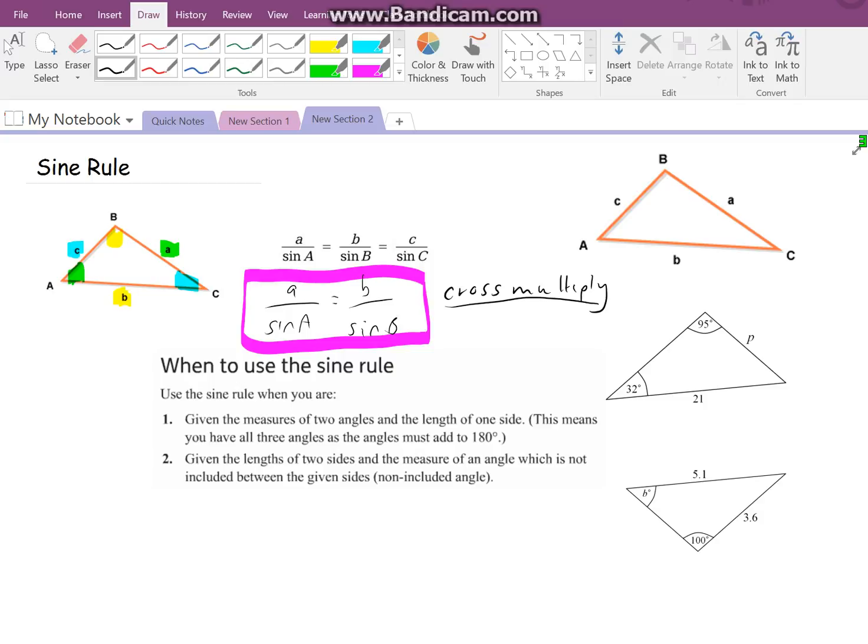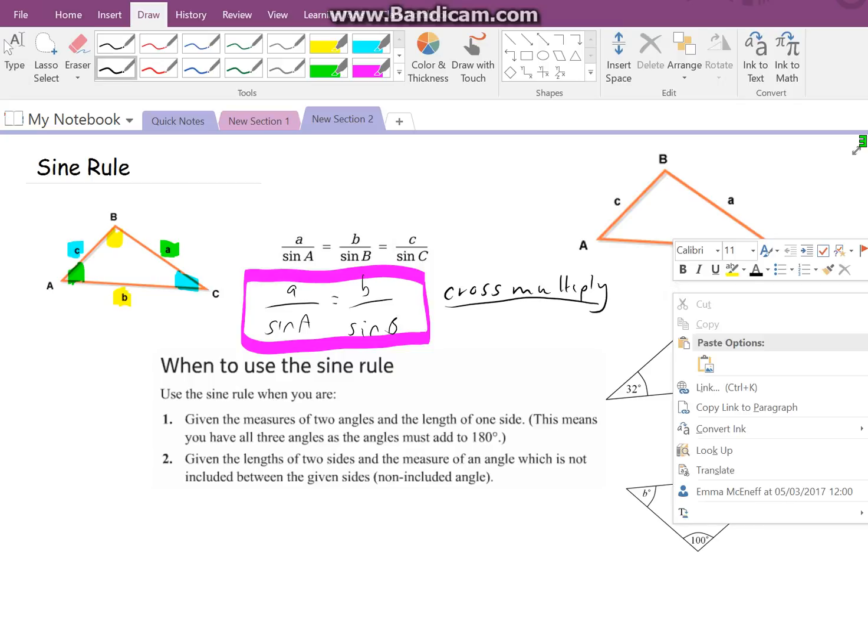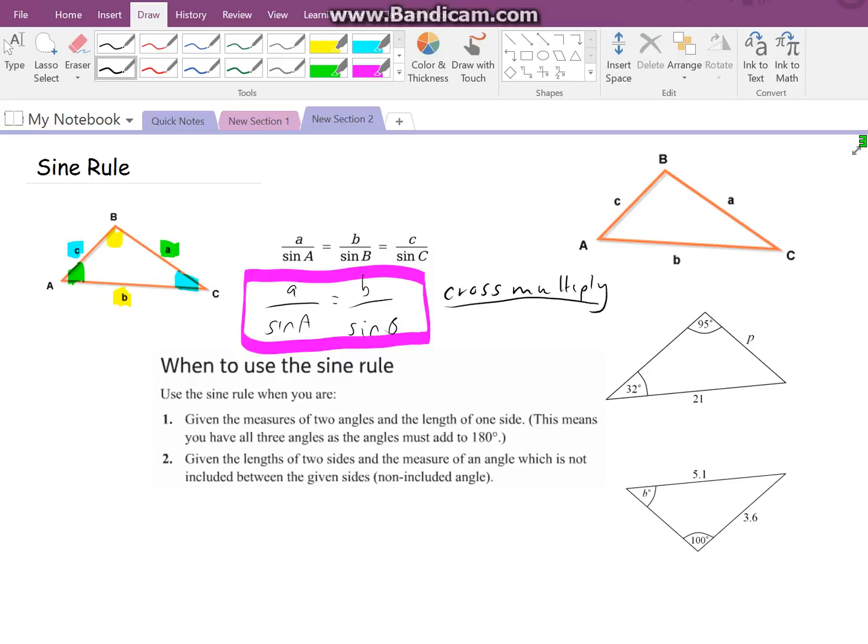But then the other time is, if we look at this triangle just here, if we're given 2 angles and one side, but they want us to find another side. You know straight away they've given us 2 angles, 95 and 32. You actually know the third angle, because you can add the 2 of them together and subtract from 180, so you have 3 angles and one side.